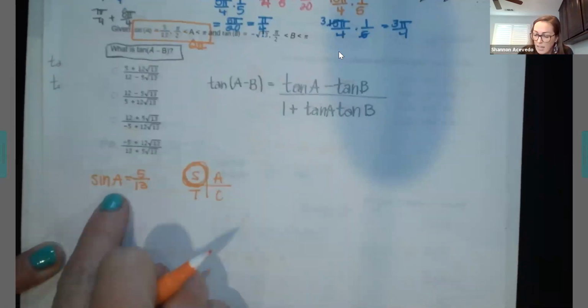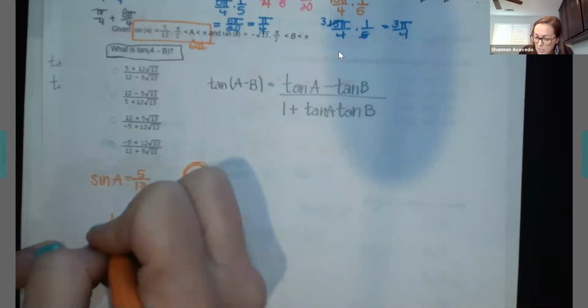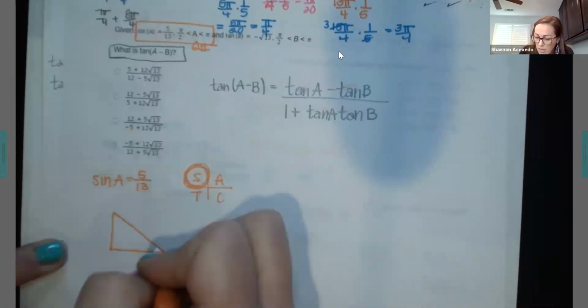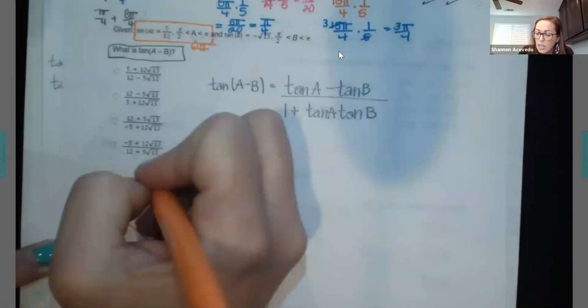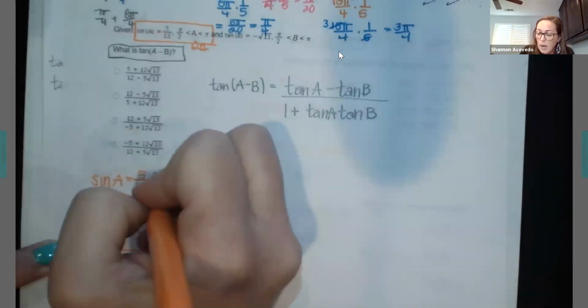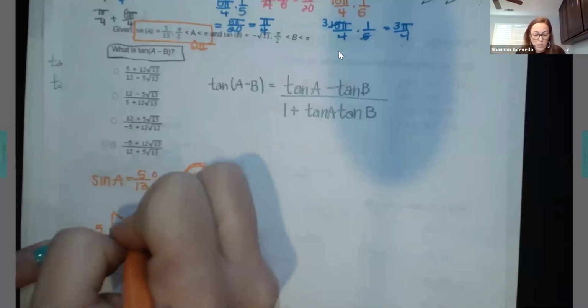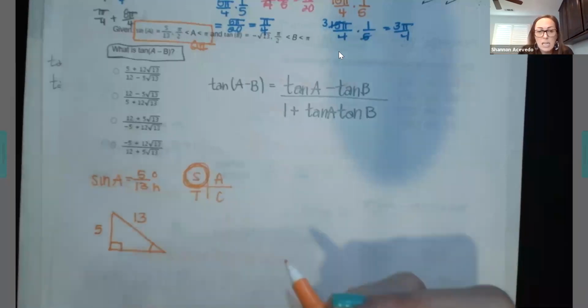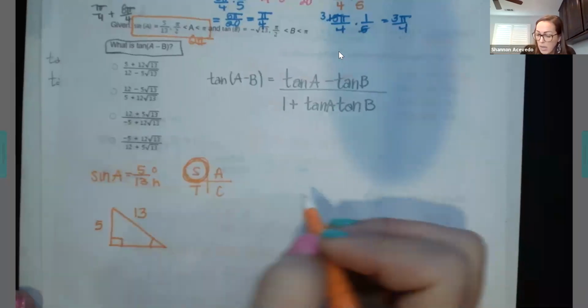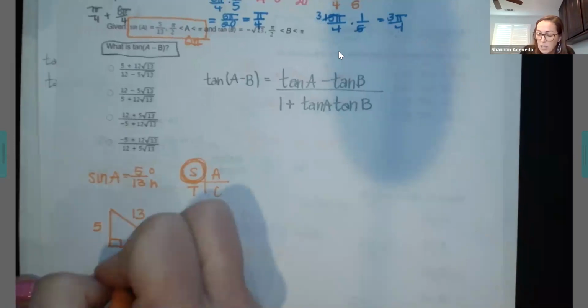So that's the only thing I know for A, the sine of A, and I want tangent of A. Here's my right triangle. I know my opposite and my hypotenuse: my opposite is 5 and my hypotenuse is 13. Then my adjacent side has to be 12.